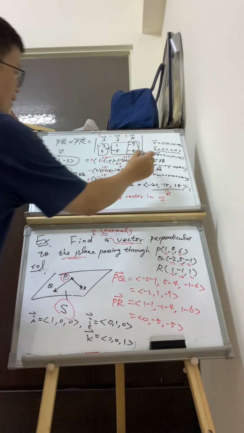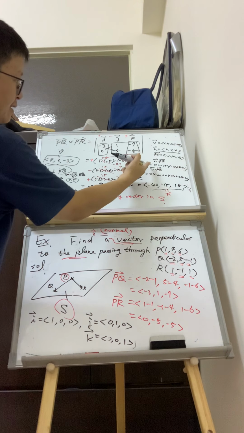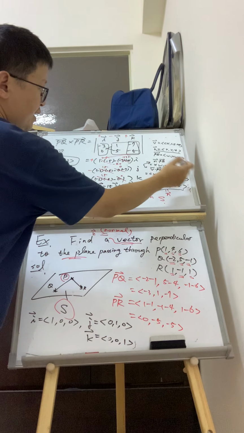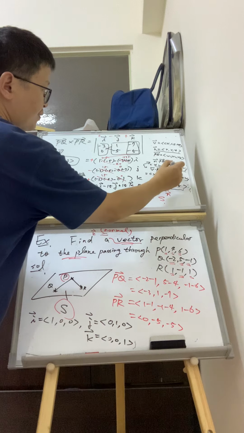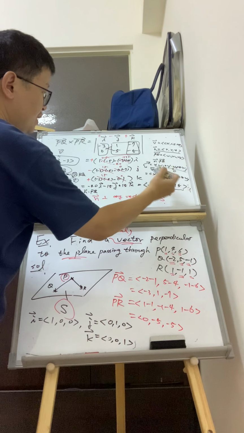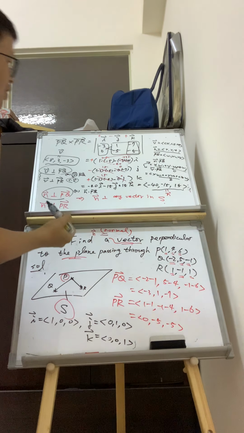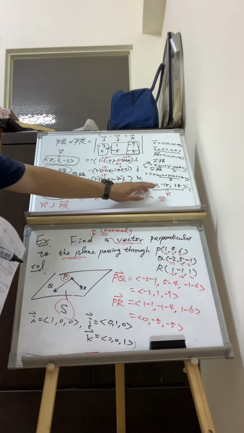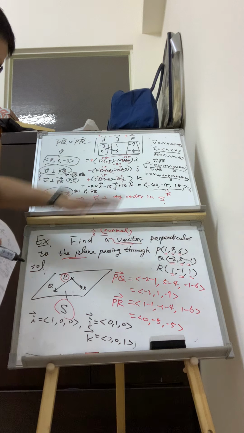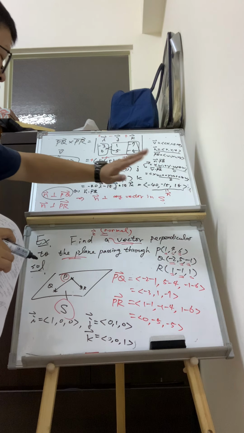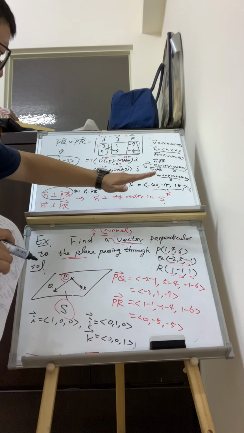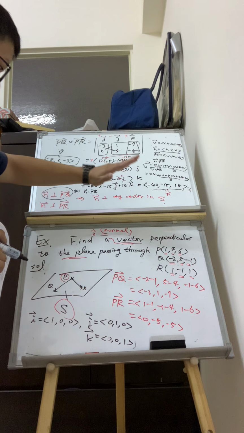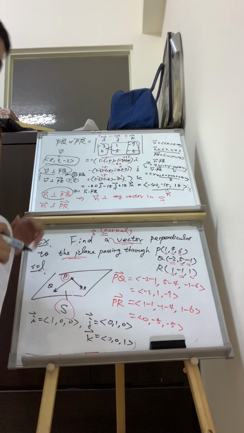We just multiply by the scalar C, so if it was equal to 0, it's still equal to 0. So for a vector perpendicular to the plane, if we multiply by any non-zero scalar, it's also perpendicular to the plane.